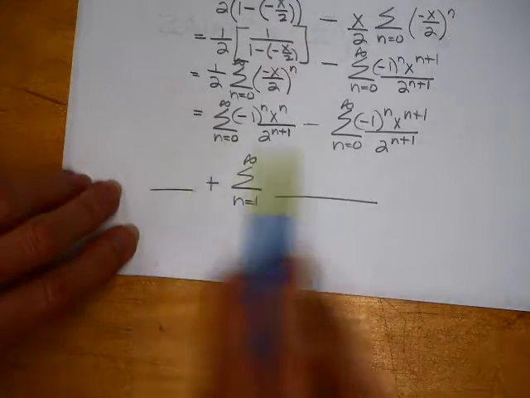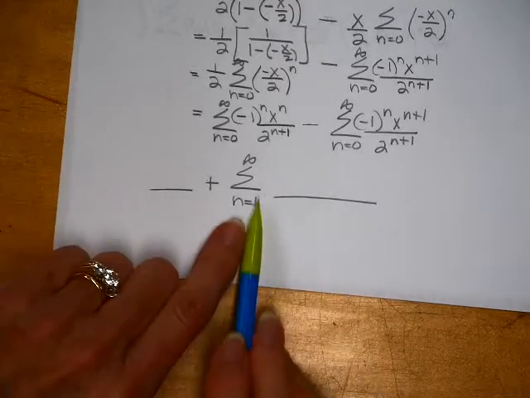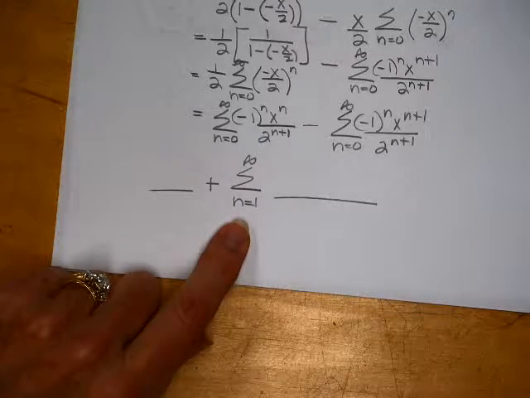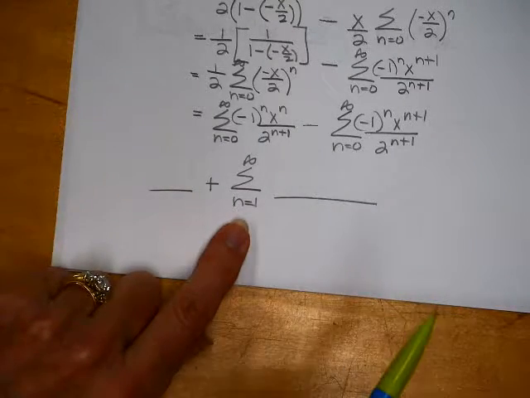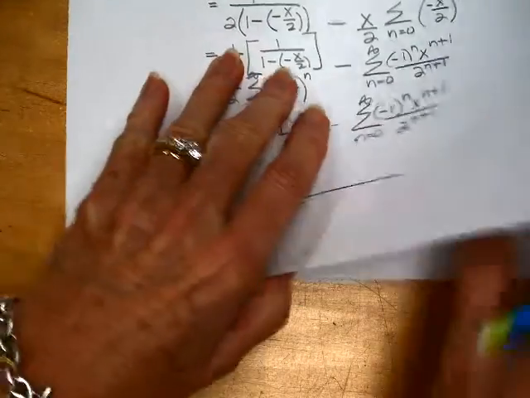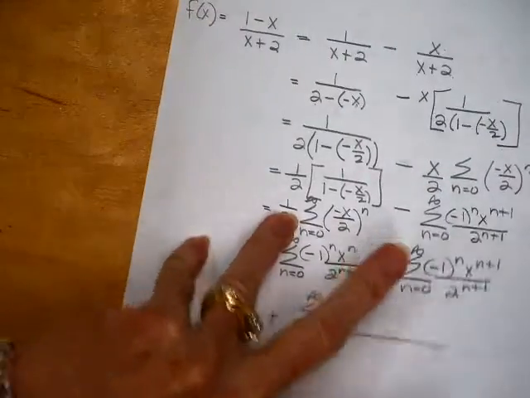They wanted these two combined, but they want them to both start at 1, is what they did. Now, let me see if I can make it work on this particular problem, to see what they did, or what you're going to have to do on your homework problem to get the answer written.